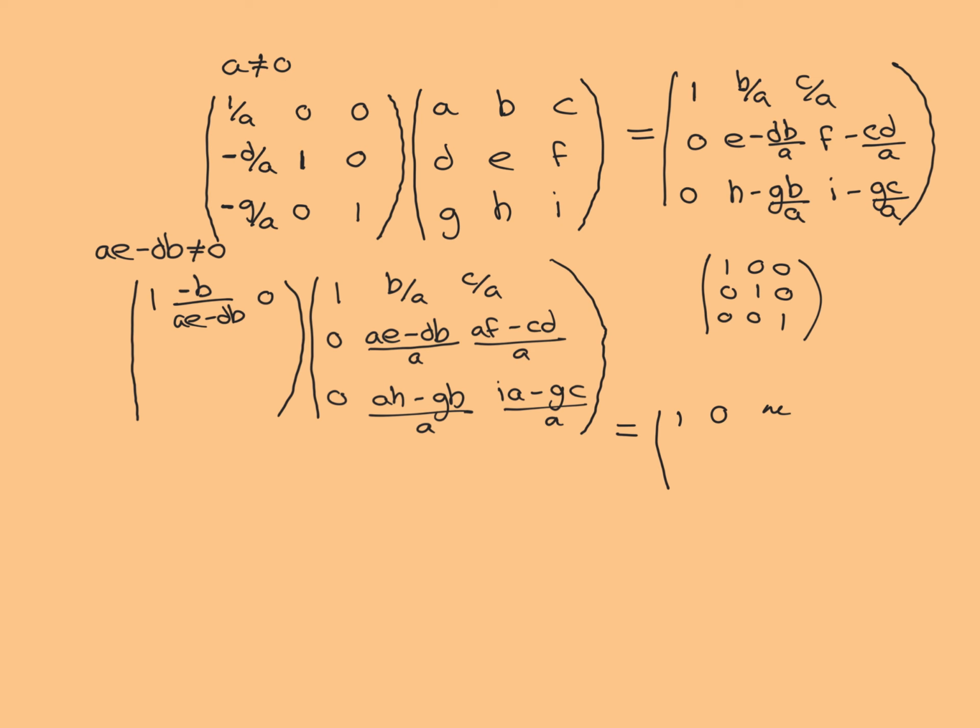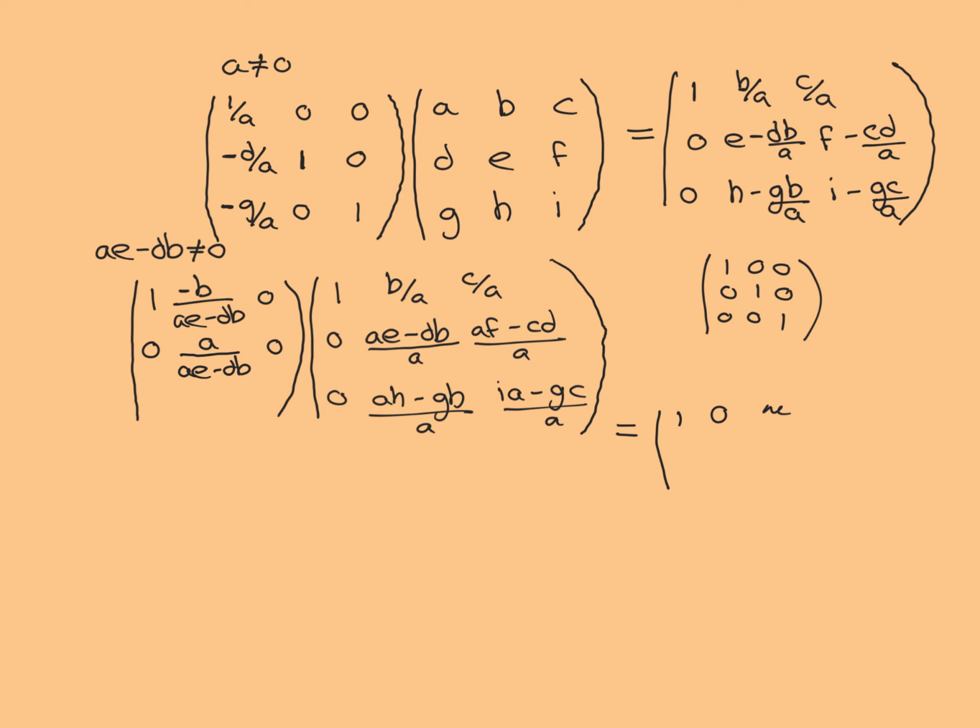Then we're trying to make this entry here equal to 1. So we'd want no lots of the first row, no lots of the third row, so we don't want them complicating things up, and we just want to multiply that second row through by A over AE minus DB.